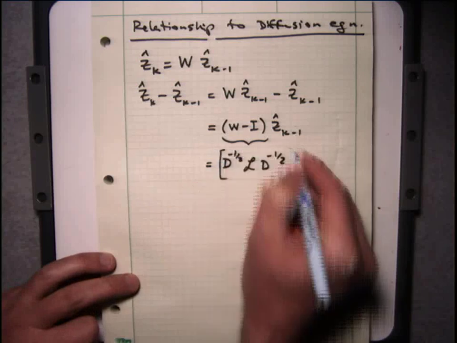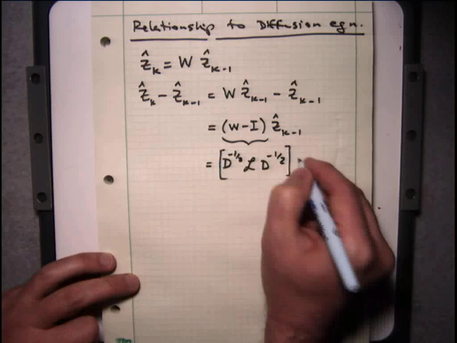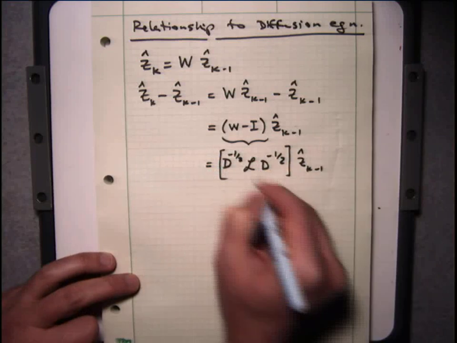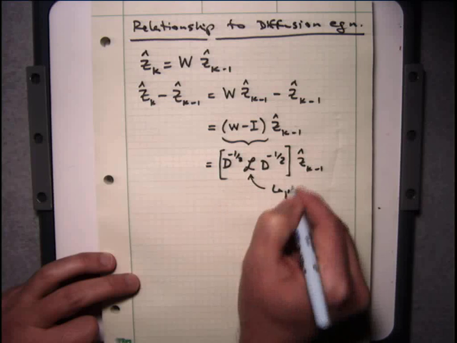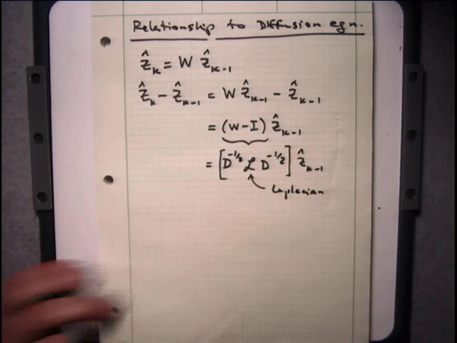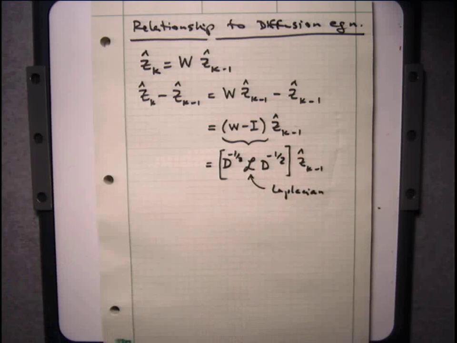I'm not going to show you the derivation for why this is the case. Okay? And this d is that diagonal matrix that we used, which along the diagonal had the normalizing coefficients, right? So when we wrote w equals d inverse k, that d is the same d here. Okay? So this literally is a matrix manifestation of the Laplacian operator.